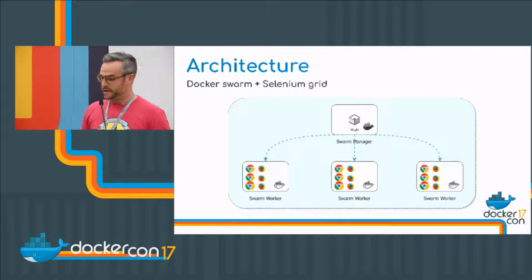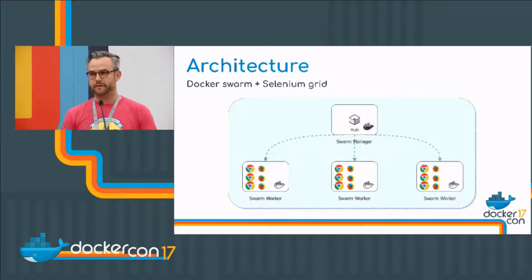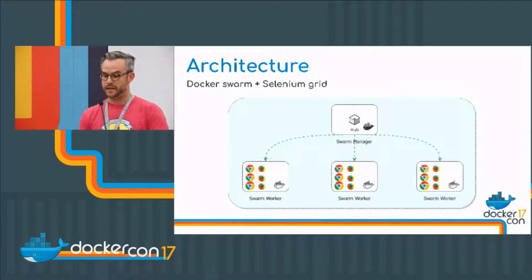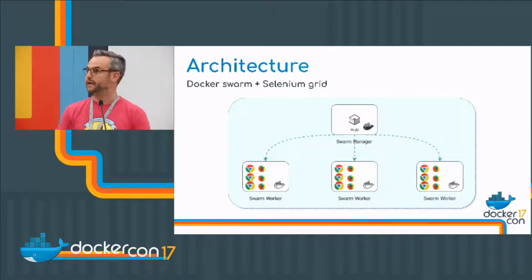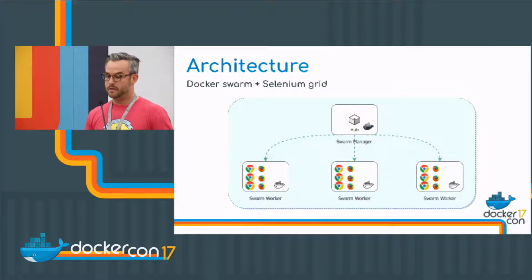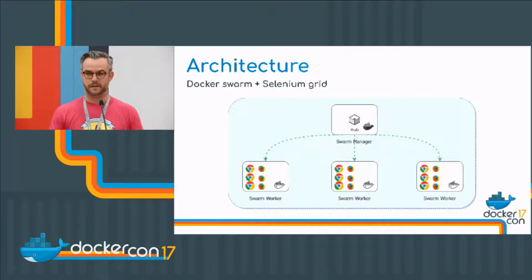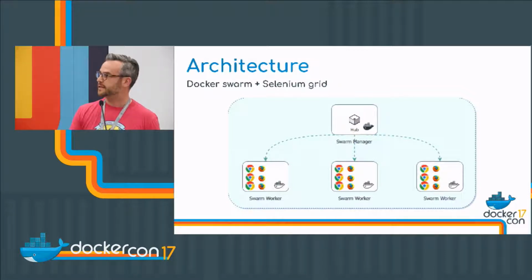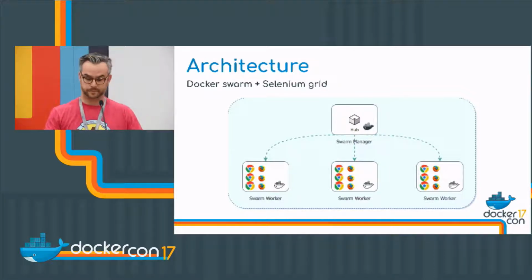We still have the hub and the node, but this time they're running in Docker. We have different browser versions running in their own containers. We could have set this up all on one machine, but we have several Docker servers for added performance. And since we're running in the cloud, we scale up based on CPU load. So new servers are added to the swarm automatically.